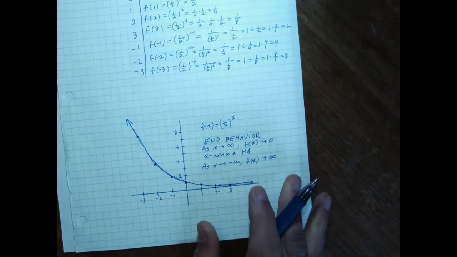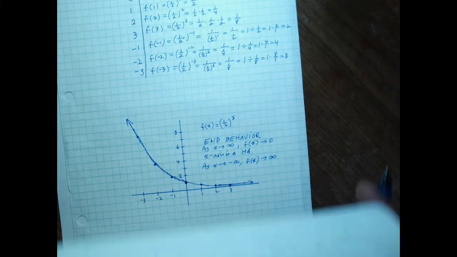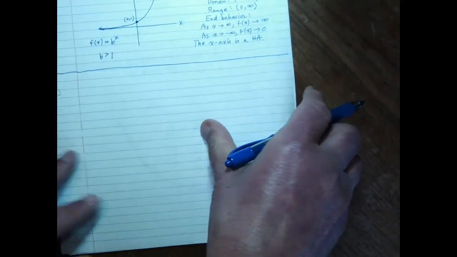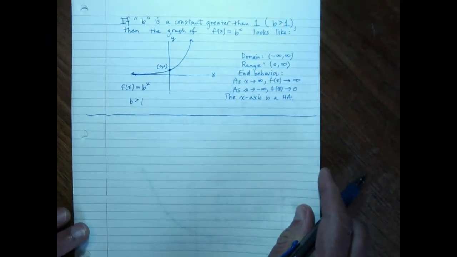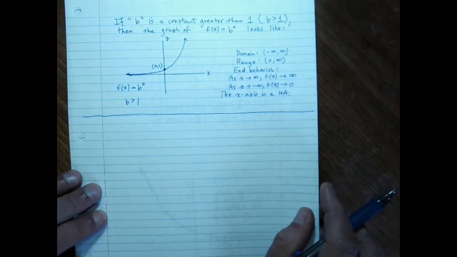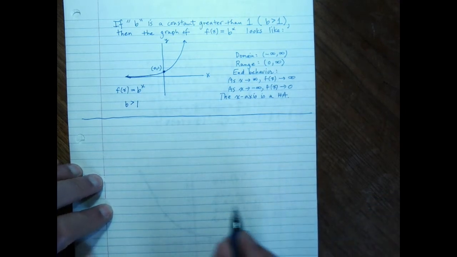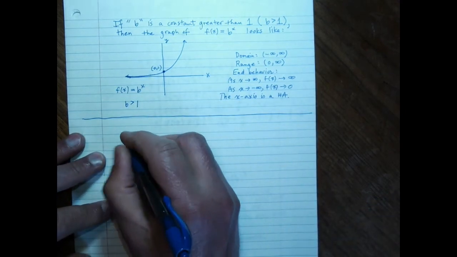What I want to do now is summarize this. We're going to go back to the sheet we started on in the last video, because that was one situation for exponential functions. There are actually two important situations, and we have to understand the difference.